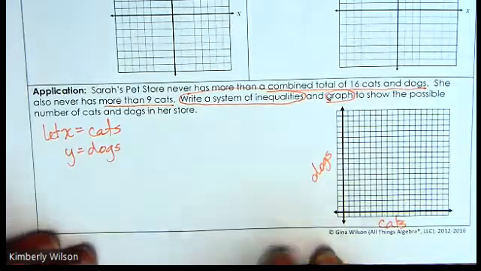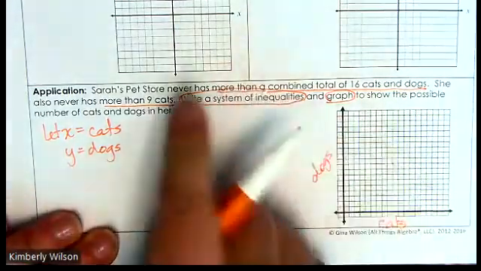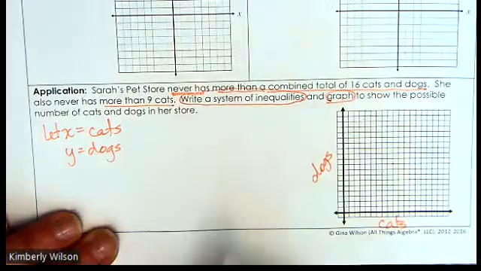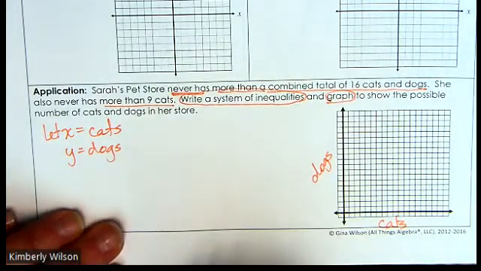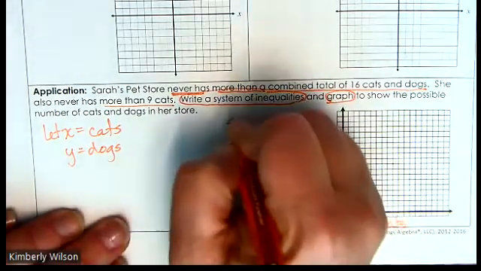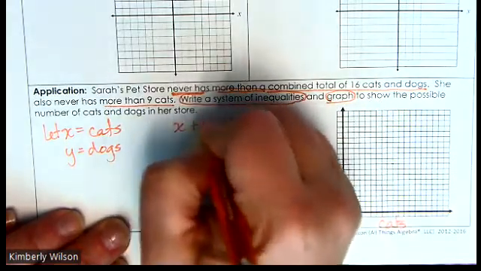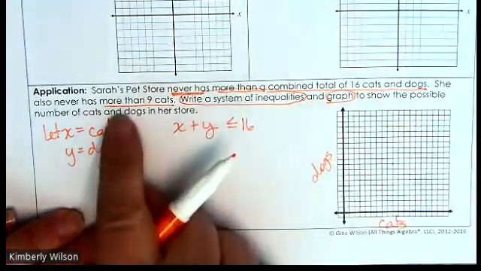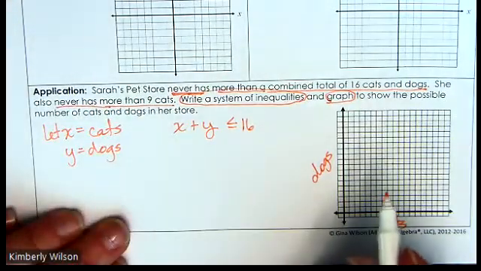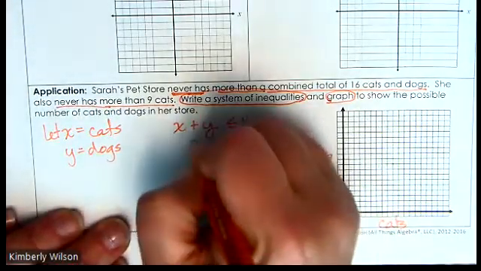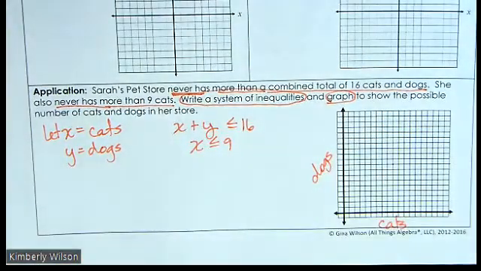Okay, so now we have that it never has more than a combined total of 16 cats and dogs. Therefore, it's going to be less than or equal to 16, and I'm going to have x plus y. But then it also never has more than 9 cats. So that's going to be x has to be less than or equal to 9. There's my system.